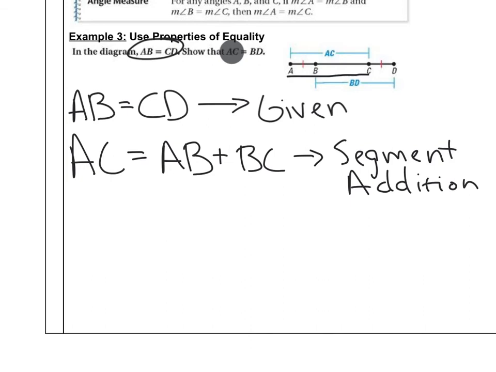So we know that AC is equal to AB plus BC. Okay, we want to try and figure out how we can draw BD into this problem. So we will say BD is equal to BC plus CD. Again, that's segment addition.